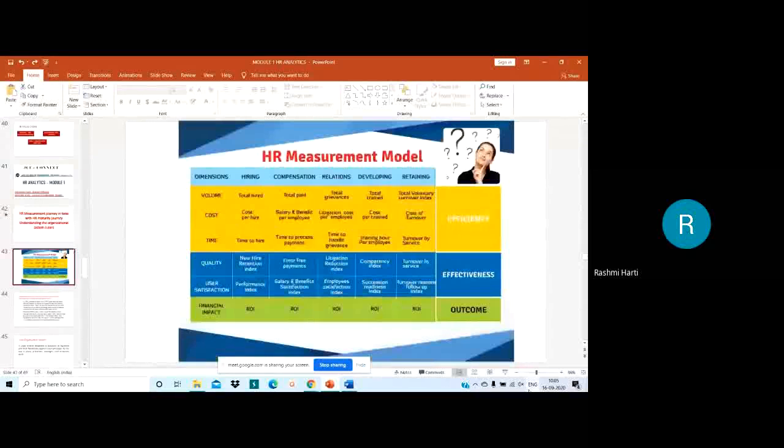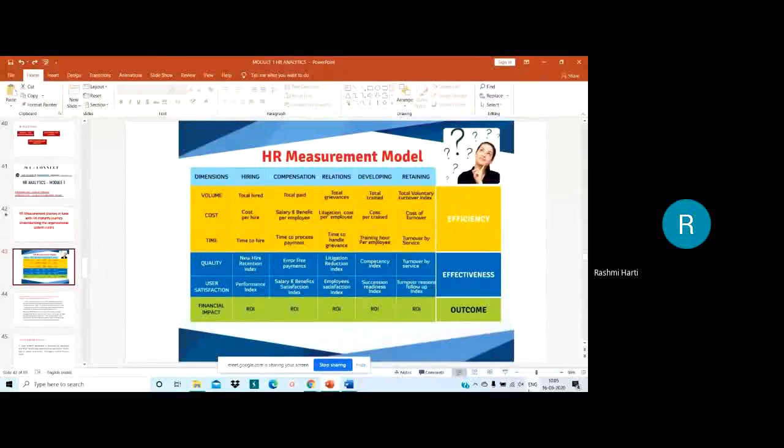When we speak about the HR measurement model, or HR measurement journey, it speaks in terms of efficiency, effectiveness, and outcome. Now when I say efficiency, it is nothing but the volume, cost, and time. Volume of what?